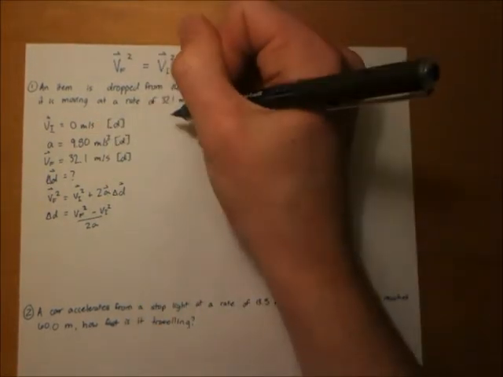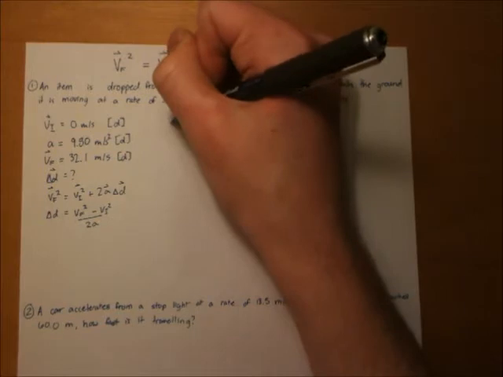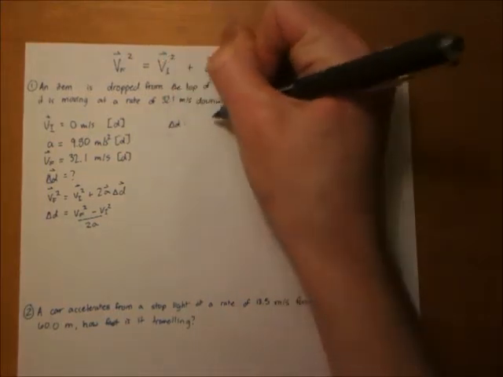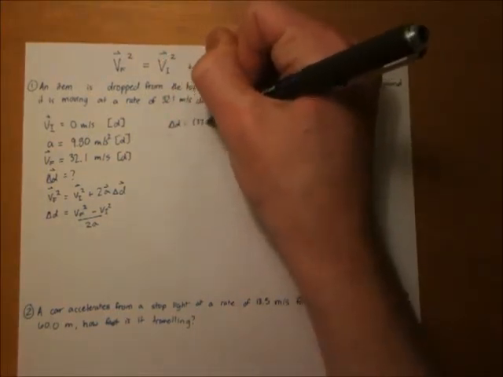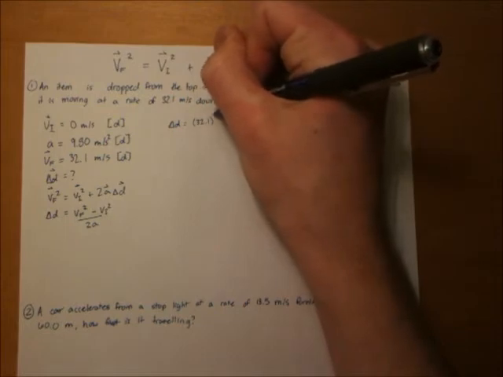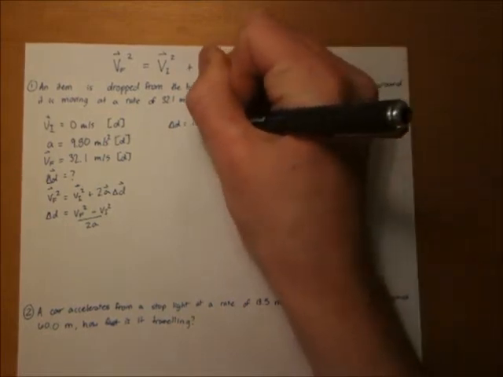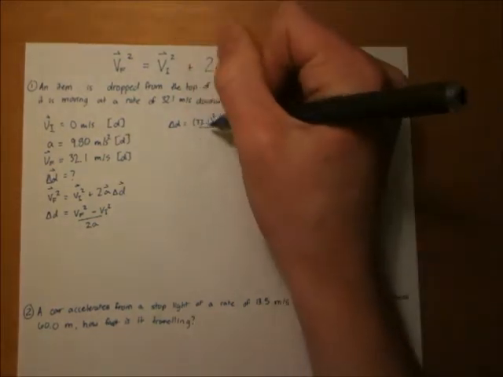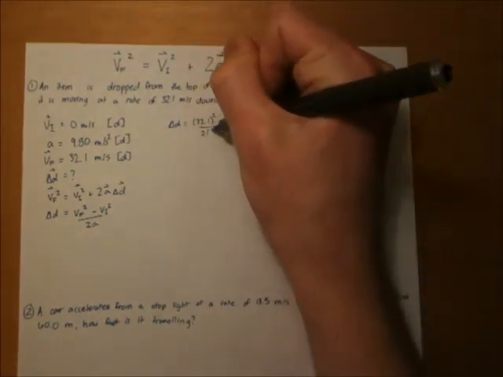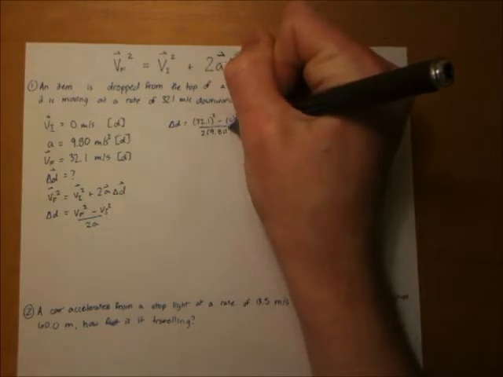Now we can start to substitute our variables in. Delta d is equal to 32.1 squared minus 0 squared over 2 times 9.80.